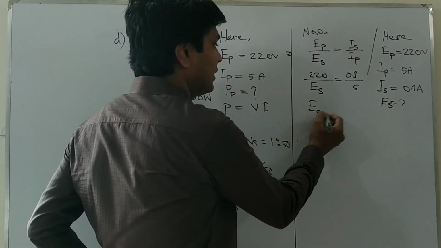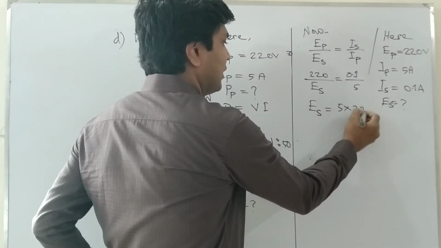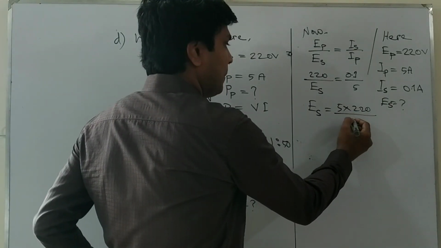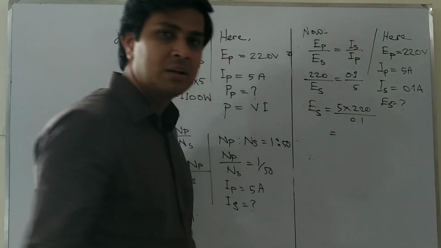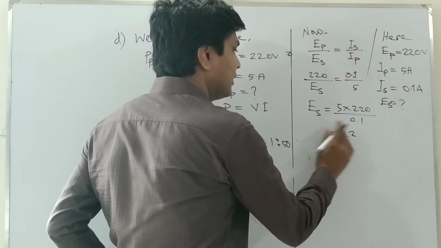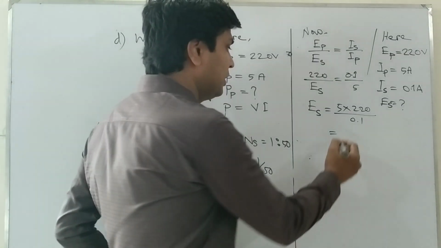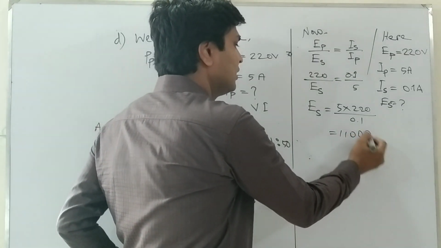To calculate ES, we can write 5 into 220 divided by 0.1, and the voltage of the secondary coil will be 11,000 volt.